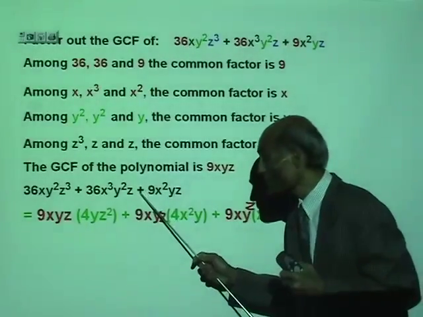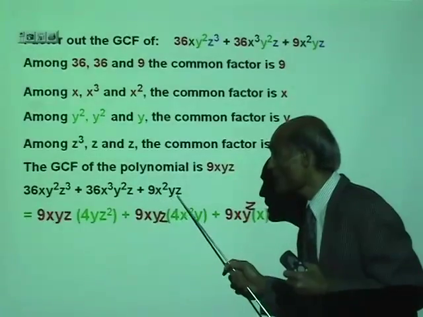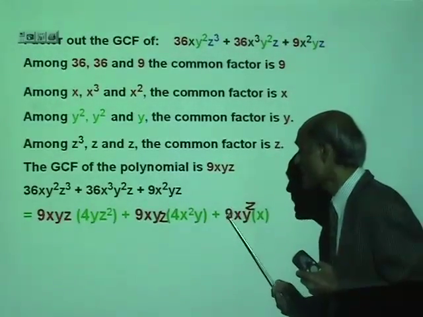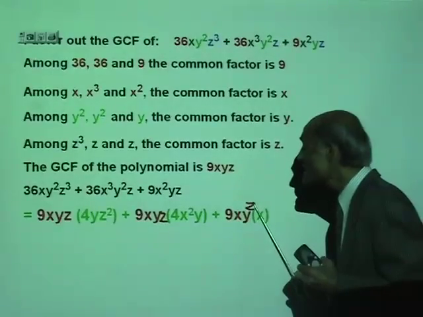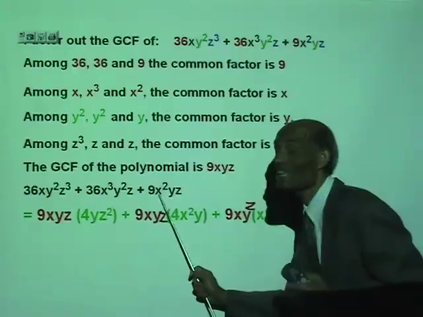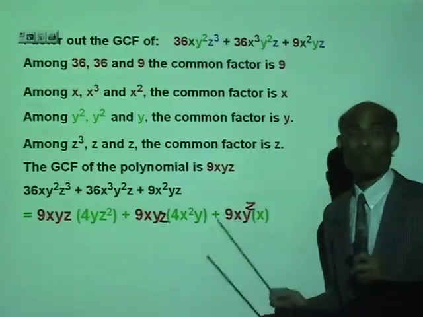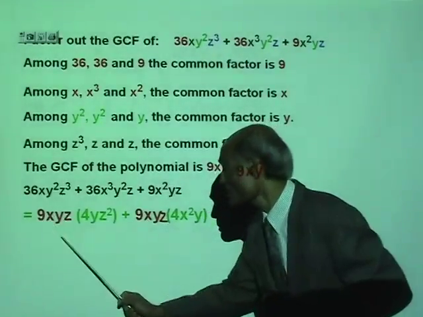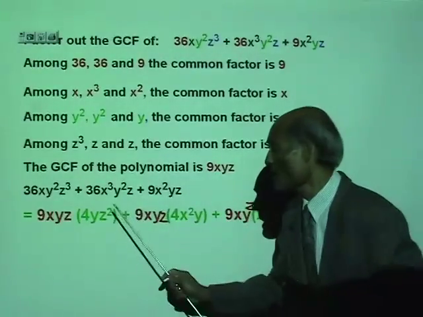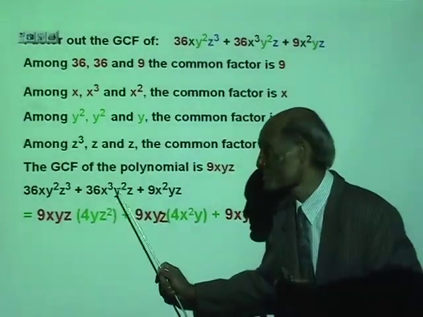Alright, let's go to the next one. 9x squared yz. Out of that, 9xyz has come out. What is left? What is left is a lone x. Alright, now we factor out this 9xyz. We pull it out, and what will be inside the parenthesis?